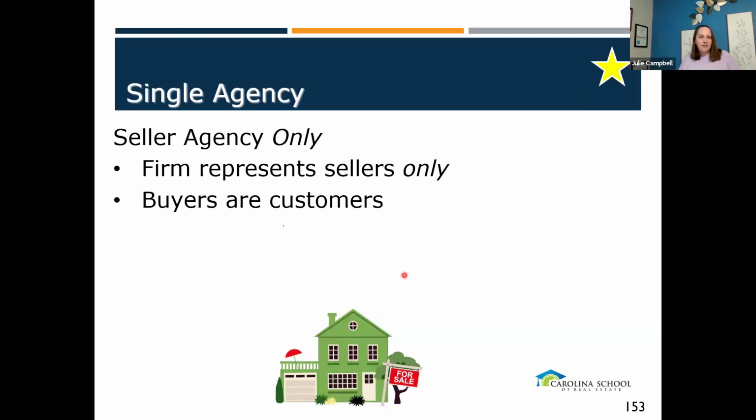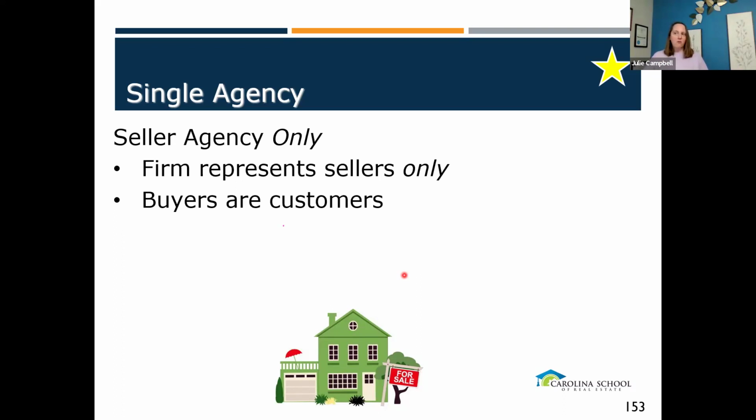The only clients these firms have are sellers. If a buyer comes to them wanting to buy one of their listings, or any listing for that matter, the buyers are customers. Seller agency only firms will never have buyer clients. That's the way they're set up.